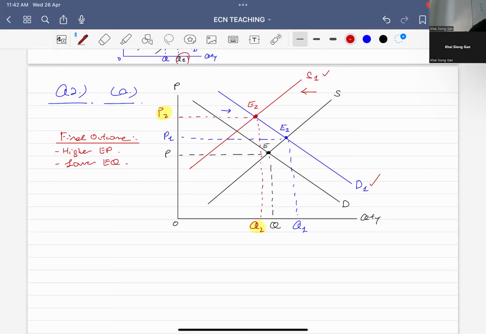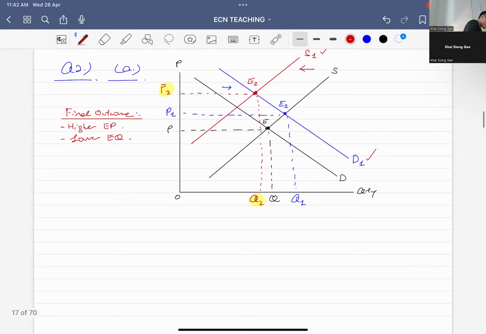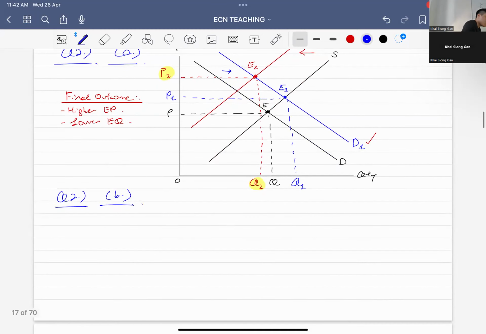Any questions so far? All good now. Once you're done, we can have a look into question 2B.